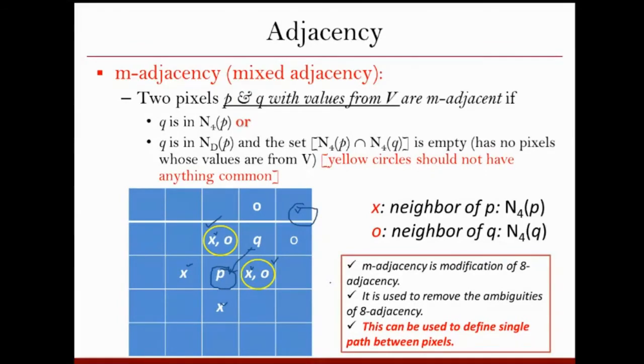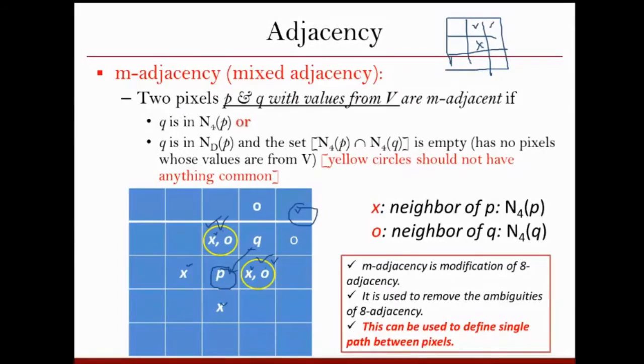So this basically means that if you are defining any pixel Q adjacent to P in the diagonal direction, you shouldn't have anything here and here. Now, how does it help actually? When there's nothing here and here, it helps in defining unique paths. Later we'll see that we'll define a unique path. So let us consider that you have a pixel P here. Now you have something here and here as well.